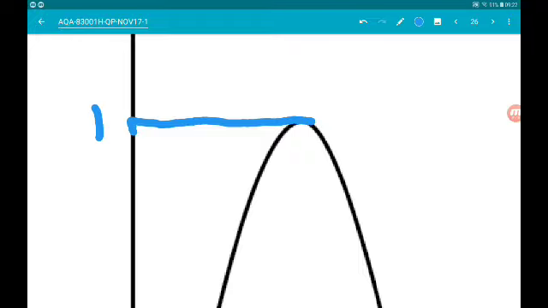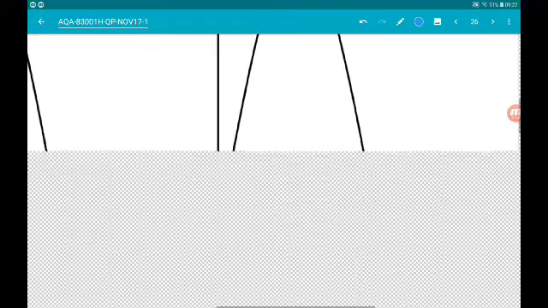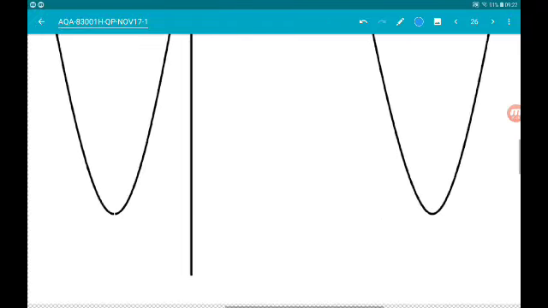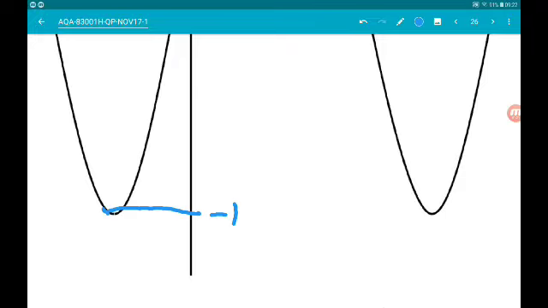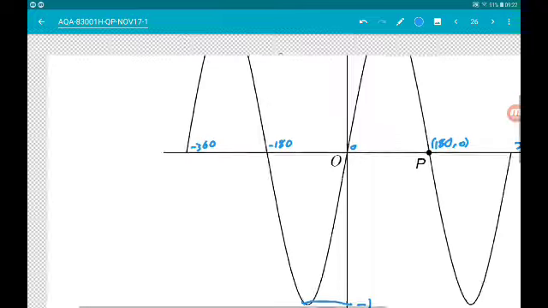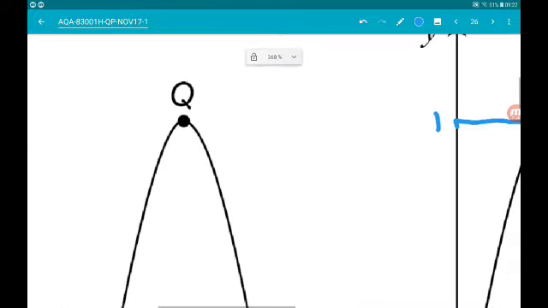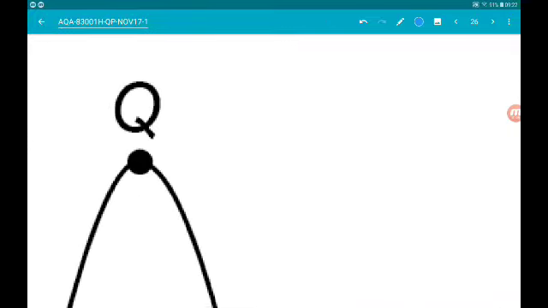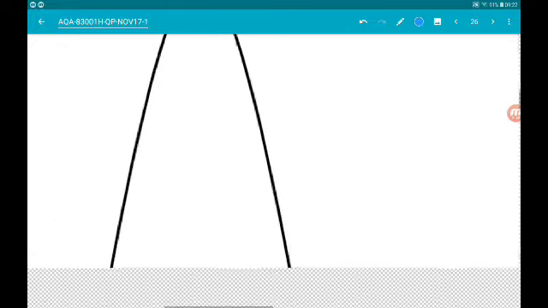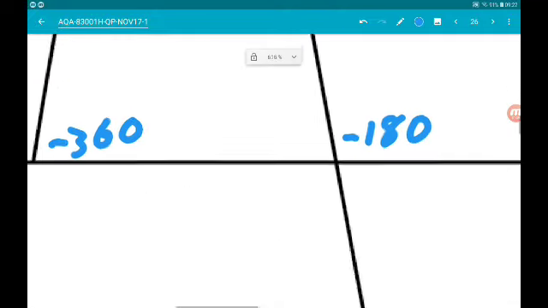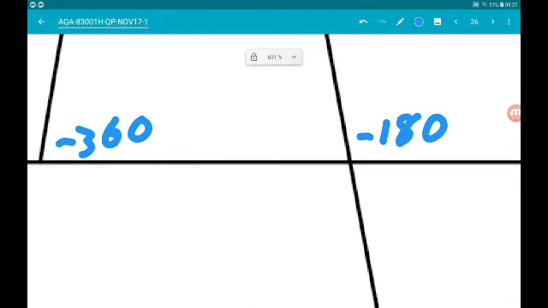Now what we also need to remember is that sine and cos oscillate between 1 and minus 1. So for Q, the y coordinate is going to be 1. Now the x coordinate is exactly halfway between minus 180 and minus 360.